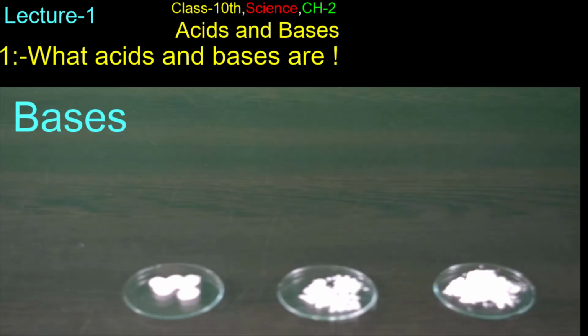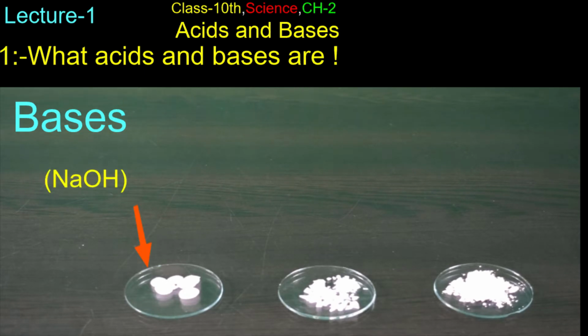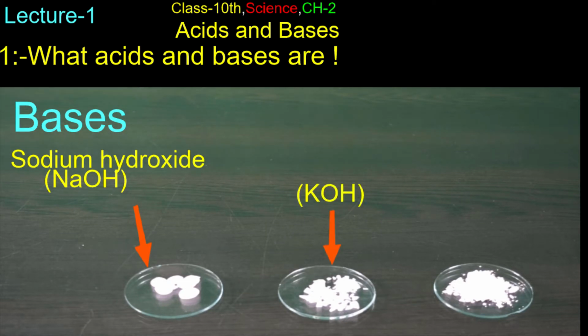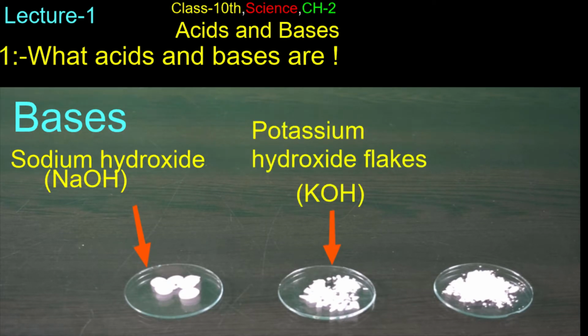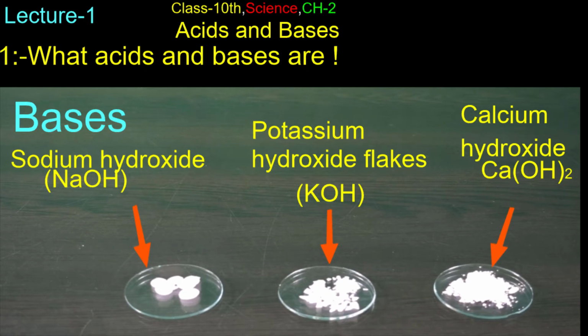While the bases are the substances that produce hydroxide ions on ionization. Here you see NaOH or sodium hydroxide, KOH or potassium hydroxide, and Ca(OH)2, calcium hydroxide. All these are white solids.